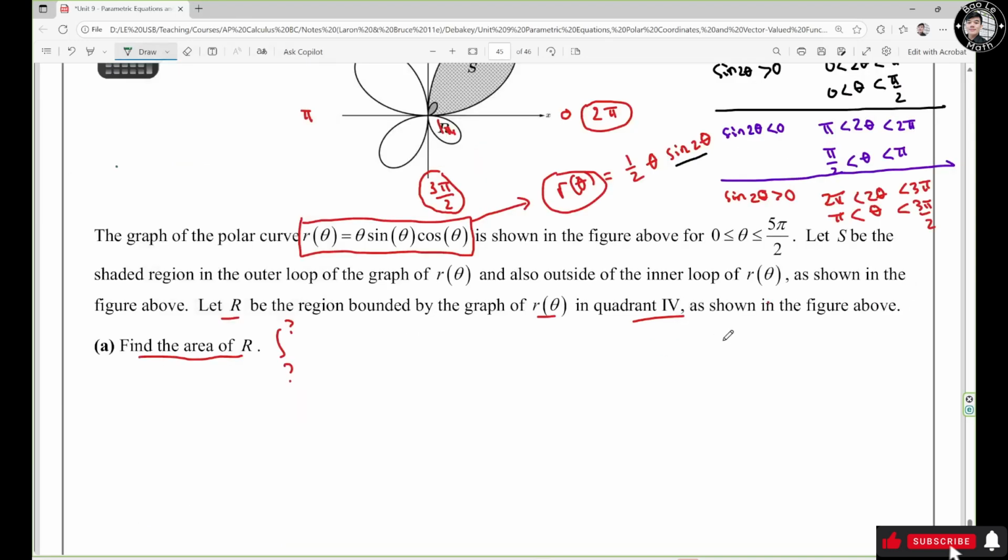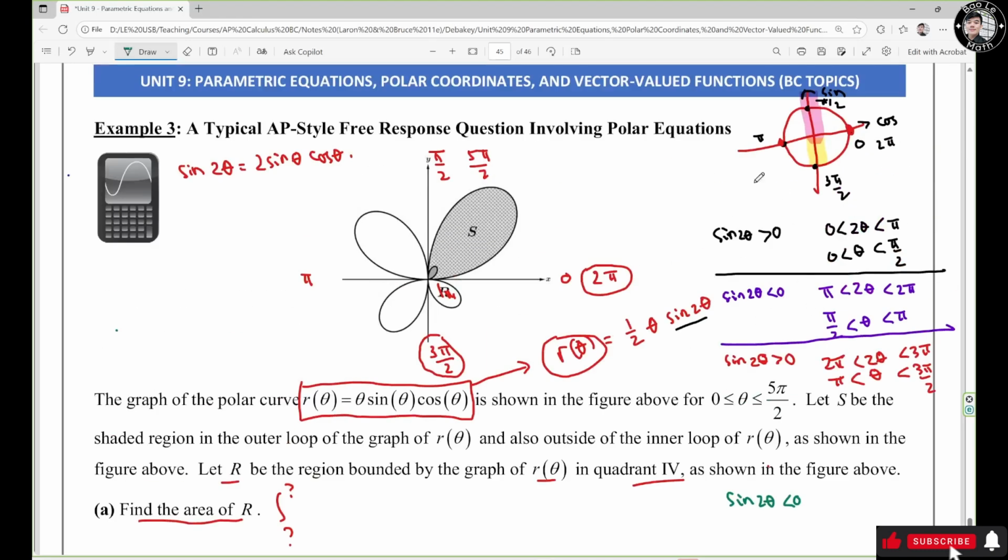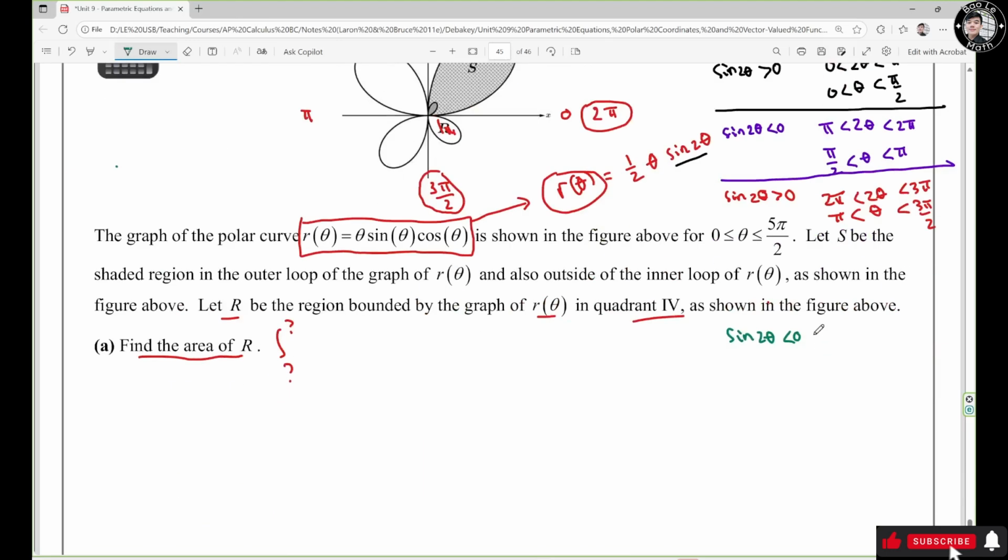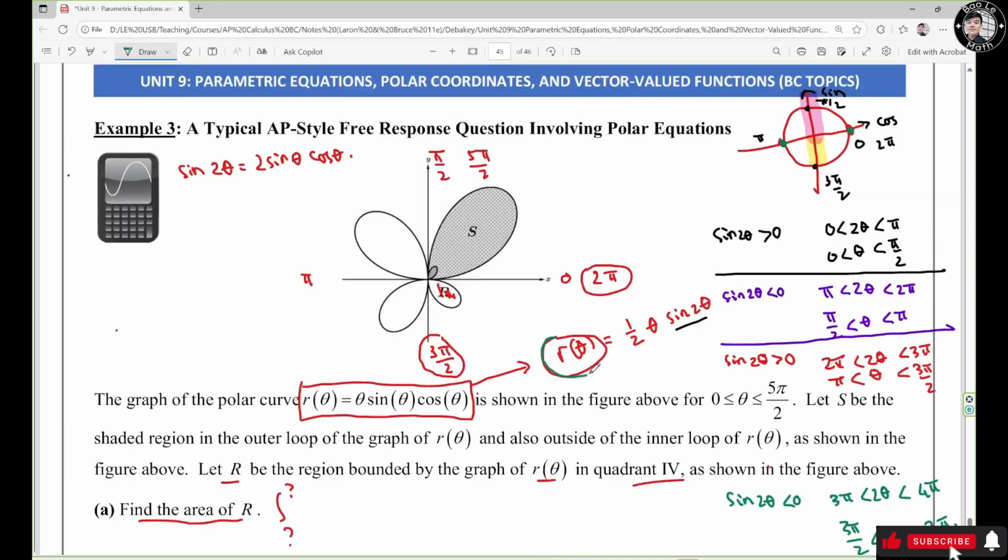Now the last one, sine 2 theta less than 0 when 2 theta is from 3 pi to 4 pi. Dividing all sides by 2, 3 pi over 2 is less than theta less than 2 pi, right? The sign of the radius depends on the sign of sine 2 theta.